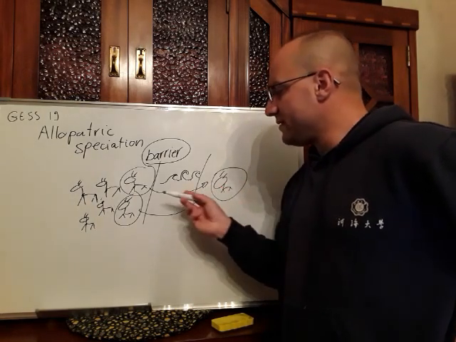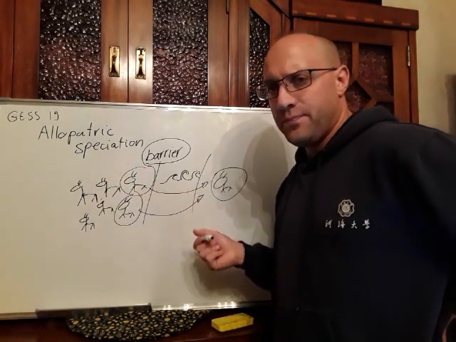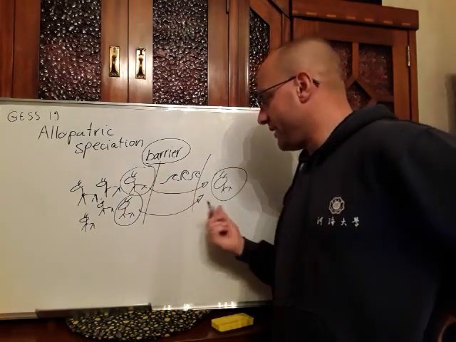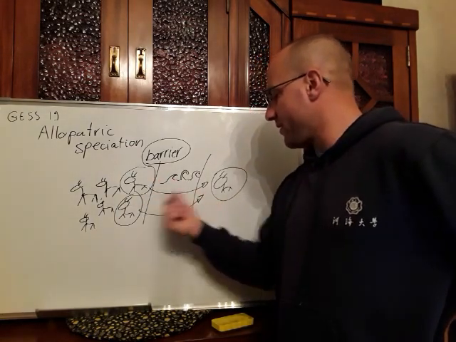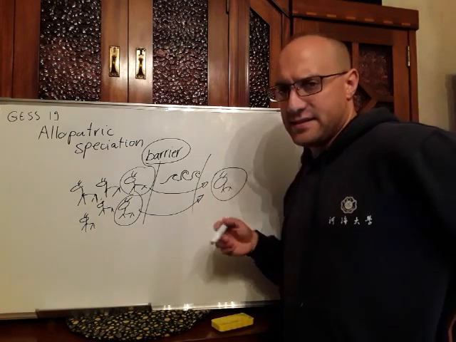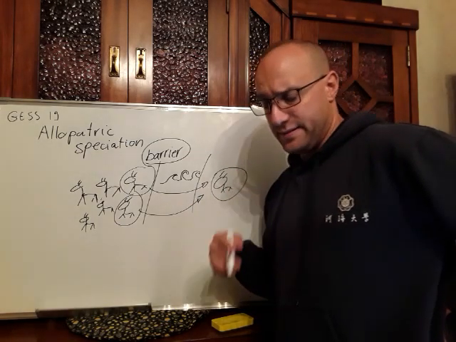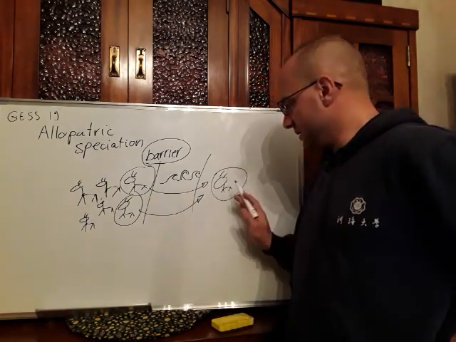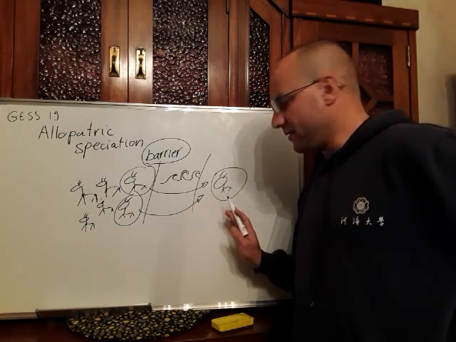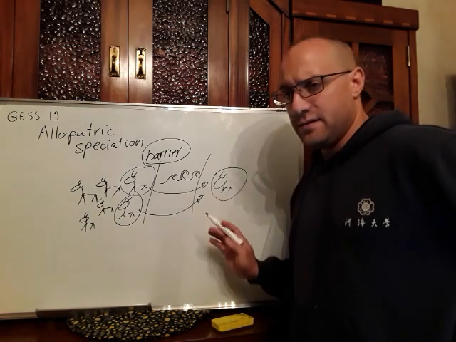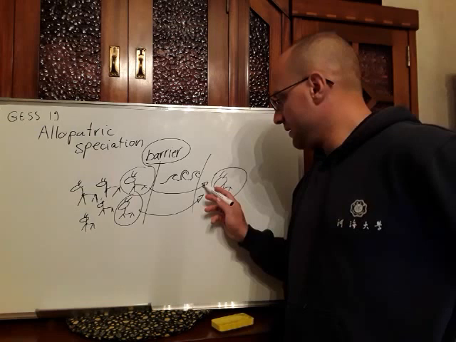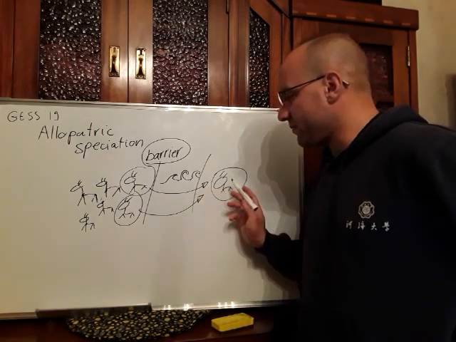Often, of course, we can say that it's just a random set of individuals that would be crossing the barrier, and in this case it's a naturally occurring mutation that would cause the development of this species further into something else, something new.